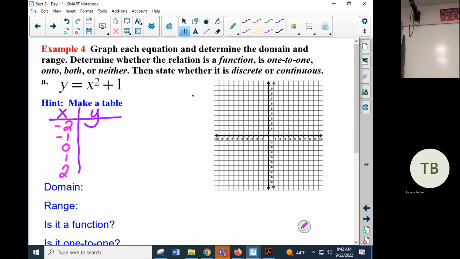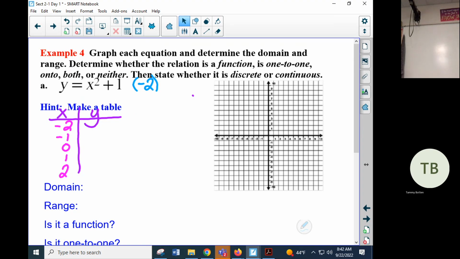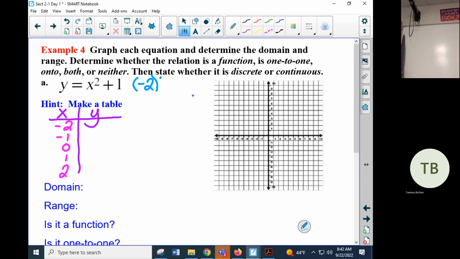Now, if you're somebody that would rather just punch something into a calculator, you can do that. But when you put the -2 in here, it's very important that you put the -2 in parentheses before you square it, and then do +1.